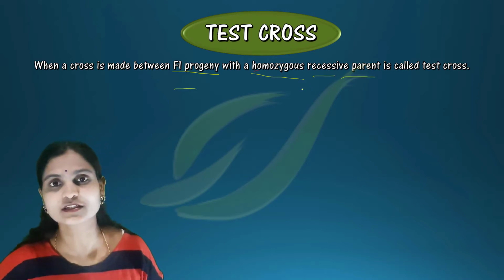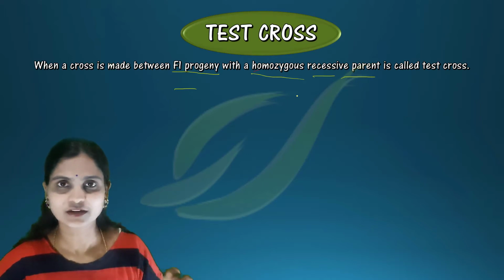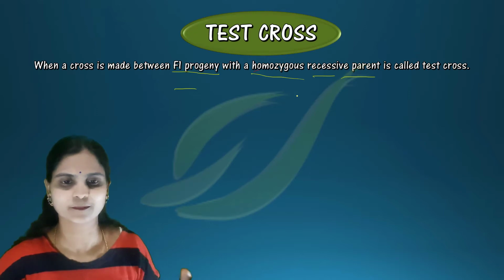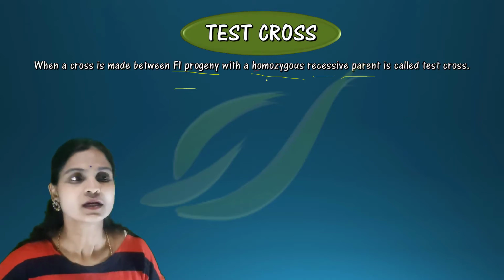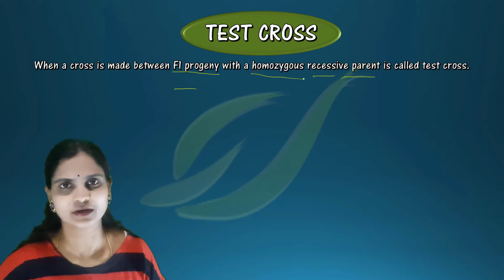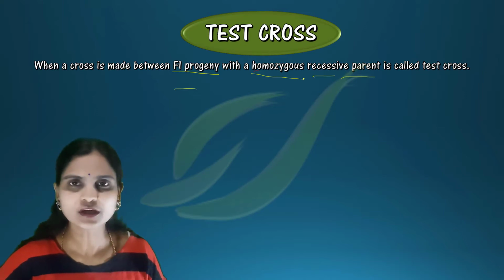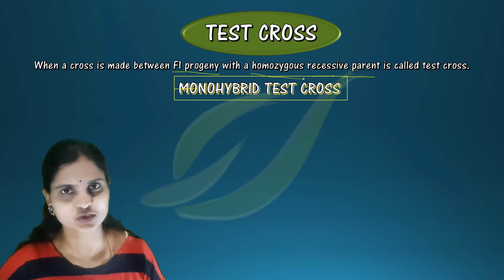Homozygous means the genes contain similar alleles for a particular character. A homozygous recessive parent is also called a double recessive parent. Then we call it a test cross. Now we are going to study monohybrid test cross.